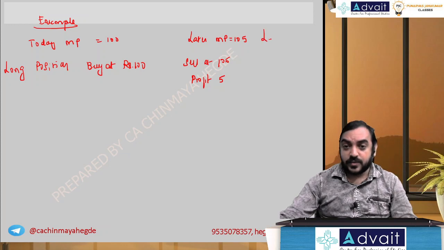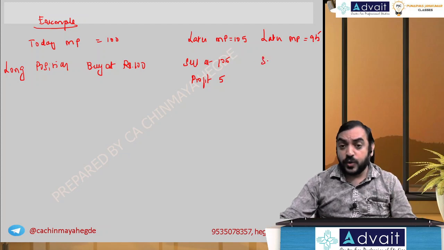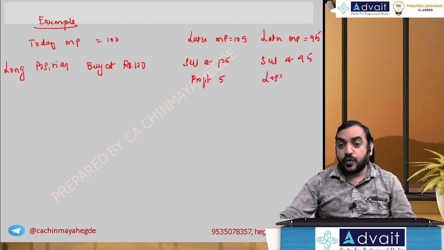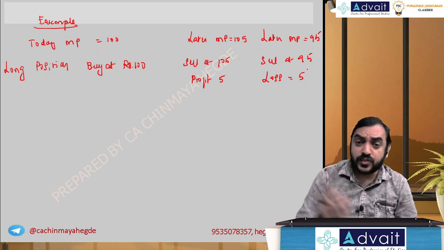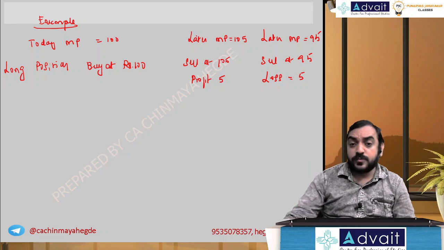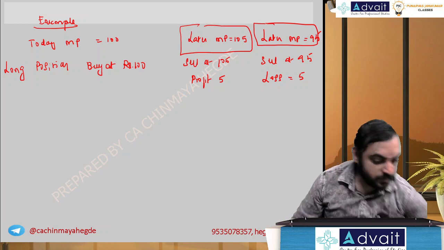But later, if market price comes to 95 rupees, you have to sell at a lower price, sell at 95. Bought at 100, selling at 95, you have a loss of 5 rupees. Why a loss of 5 rupees? My expectation was market price to go up. It came down. Therefore, in this situation, you end up making a loss.